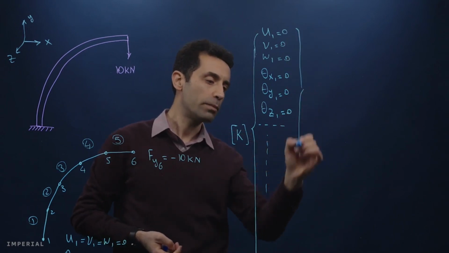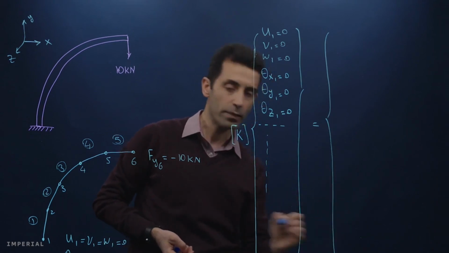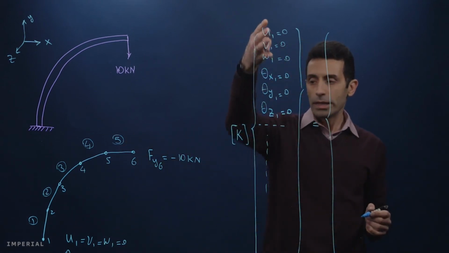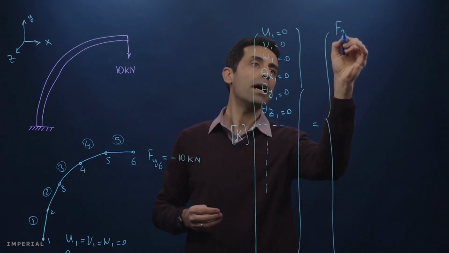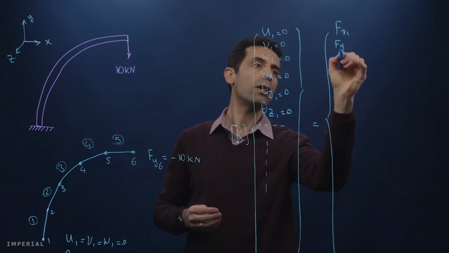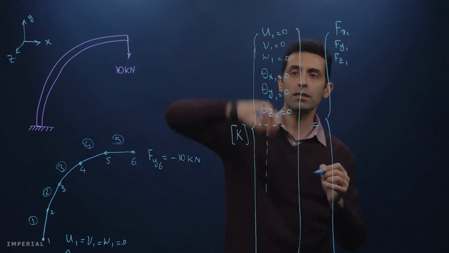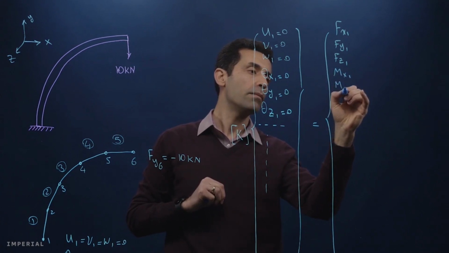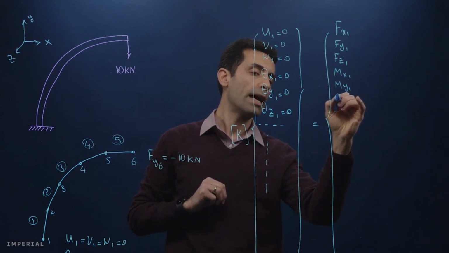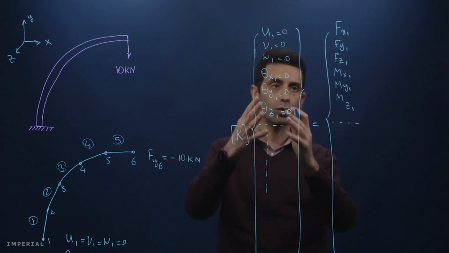And this would be equal to the vector of nodal forces. Here we have this support, so Fx1, Fy1, Fz1. These correspond to these 3 degrees of freedom or translations, as well as Mx1, My1, and Mz1. These are all related to node number 1.